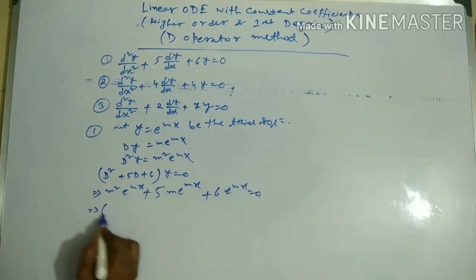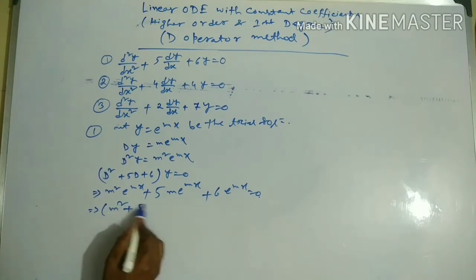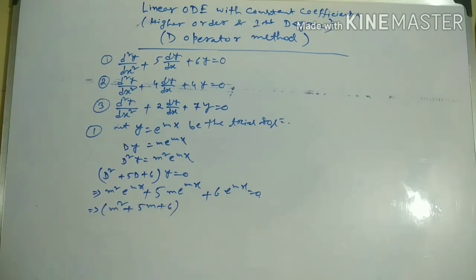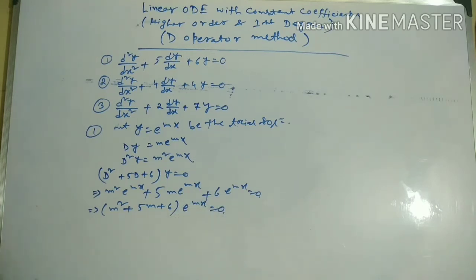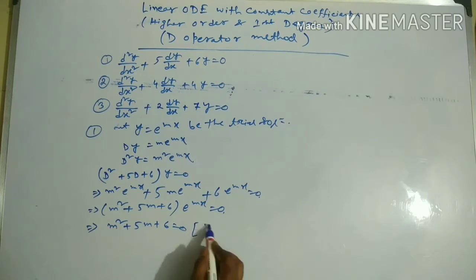So e to the power mx is common. m square plus 5m plus 6 operating on e to the power mx equal to 0. Now since e to the power mx is a non-zero function, therefore m square plus 5m plus 6 will be equal to 0.